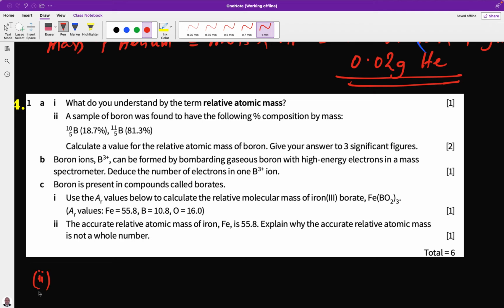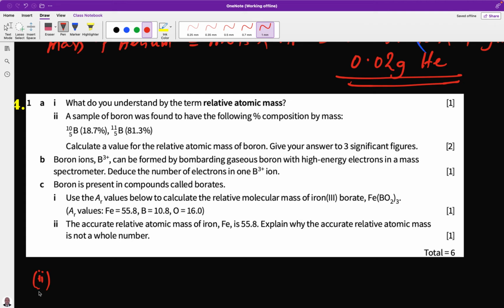Boron is an element of the periodic table. There are two isotopes of it, boron 10 and boron 11. Boron 10 had a percentage of 18.7%, and boron 11 had a percentage of 81.3%. Calculate a value of the relative atomic mass of boron.